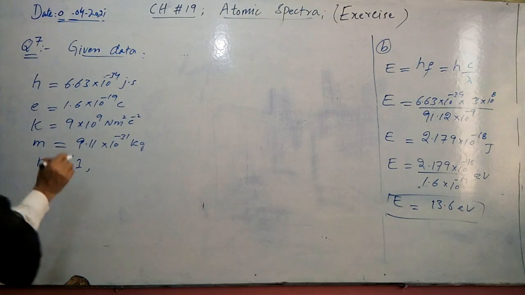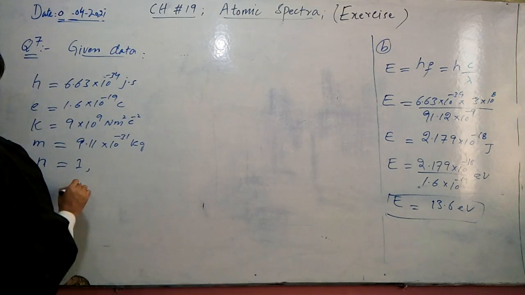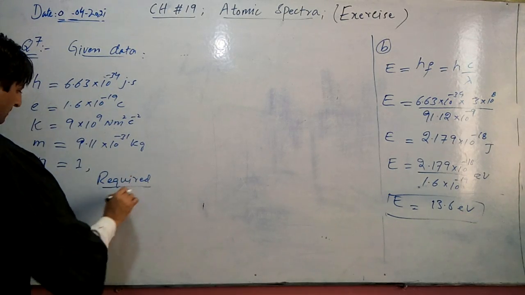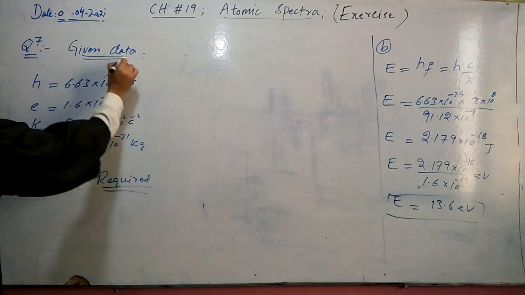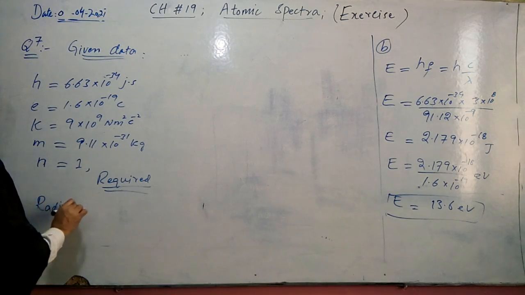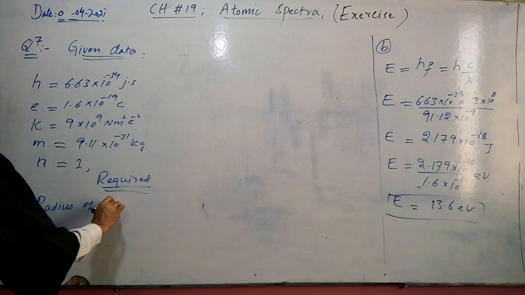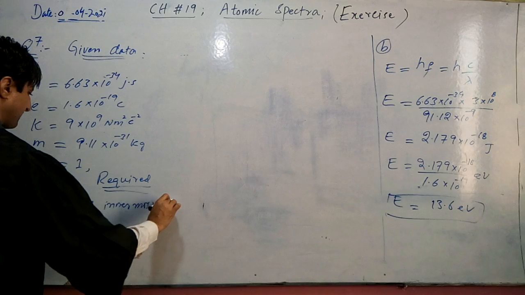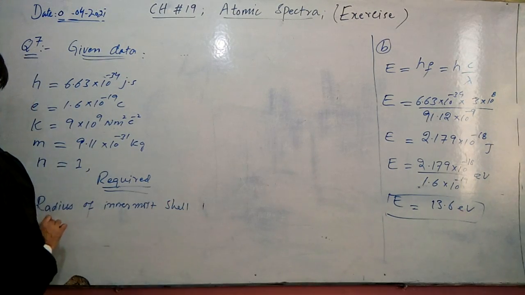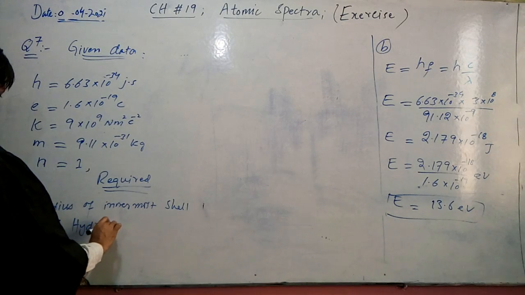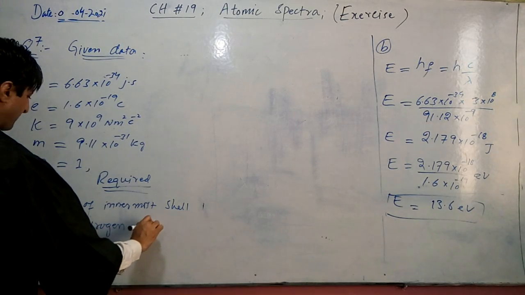And what is required? Required is the radius of the innermost shell of the hydrogen atom.